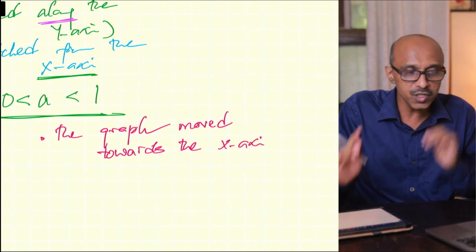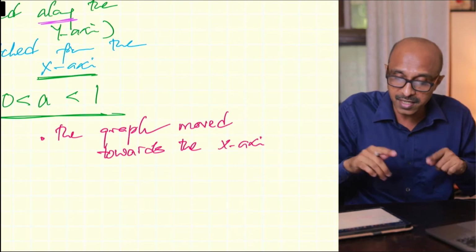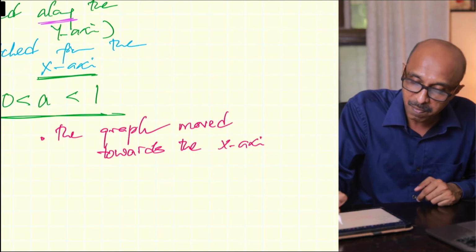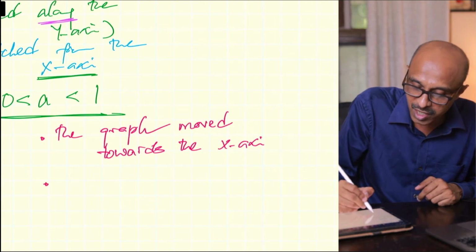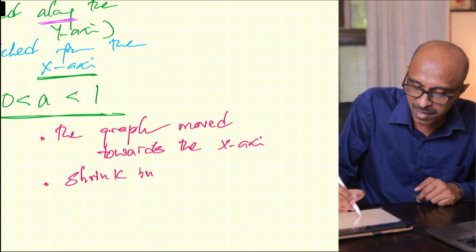Towards the x-axis, okay, you saw that it was flattening, and when a becomes 0, it was flat on the x-axis. So it was moving towards the x-axis, almost like saying moving away from the y-axis. But for the y values, there was a shrink in y values.